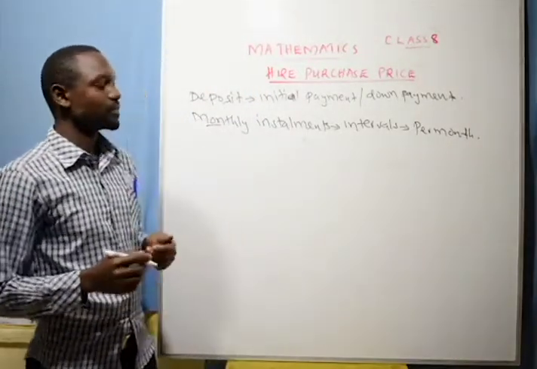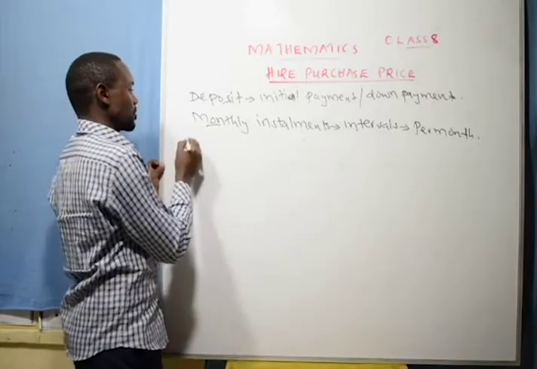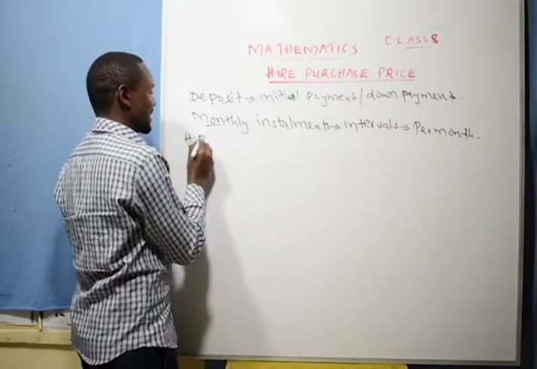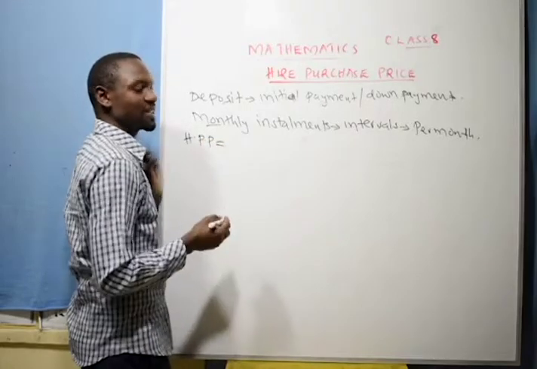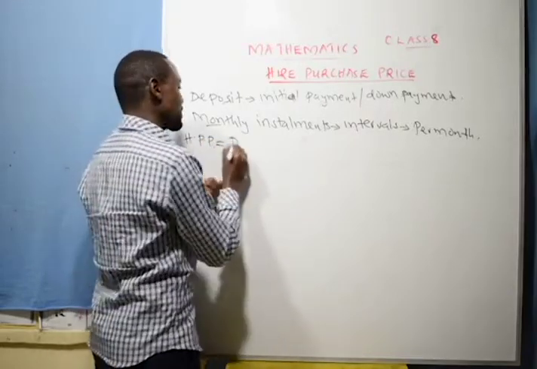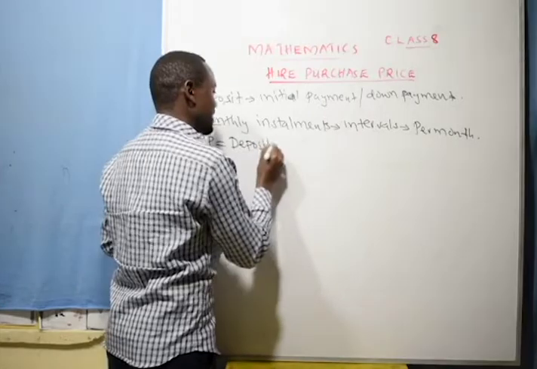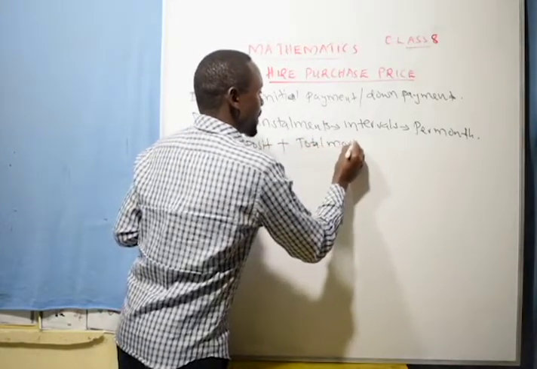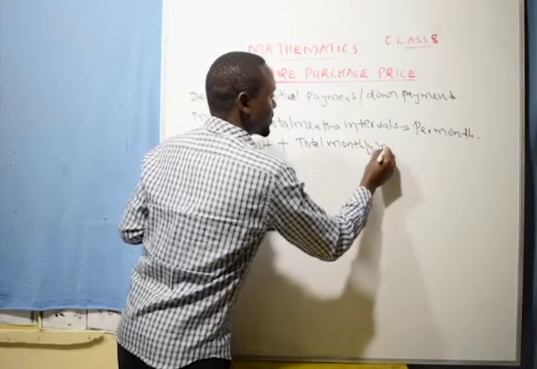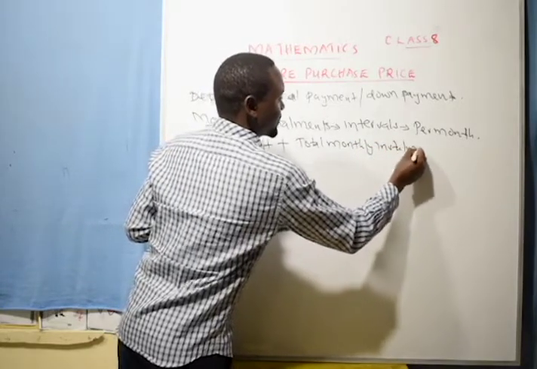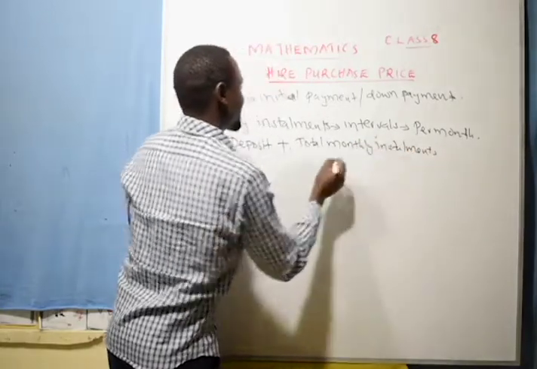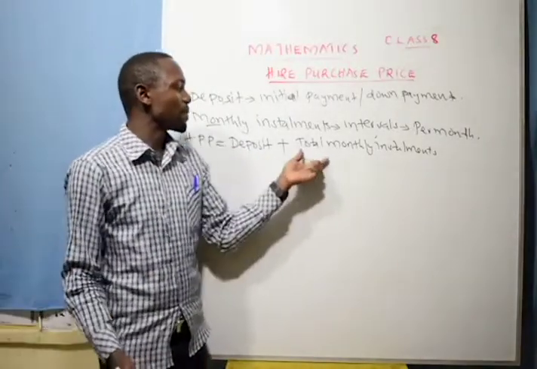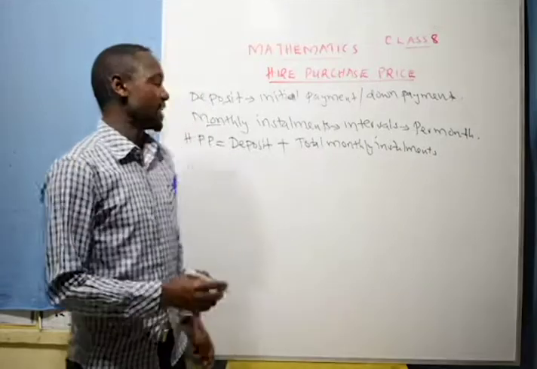For example, we say the hire purchase price is given by the deposit plus the total monthly installments. To calculate the hire purchase price, you add the deposit plus the total monthly installments.